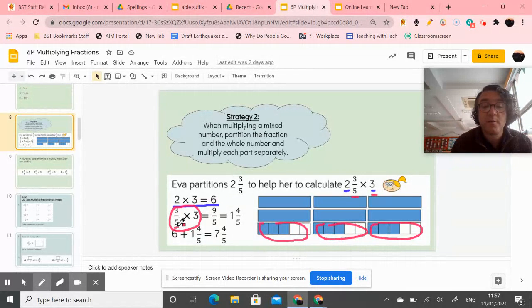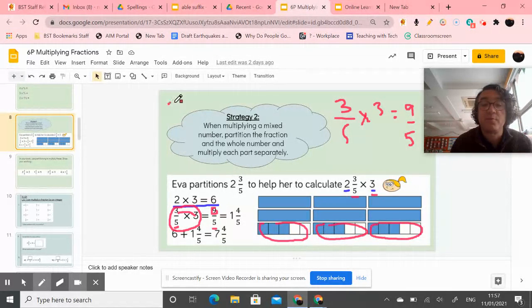Notice look here, my denominator stays the same, but my numerator, if I multiply 3 times 3, I get 9. So actually, I can just multiply the numerator by the number to get the correct answer. So 3/5 over here times 3 would equal 9/5.